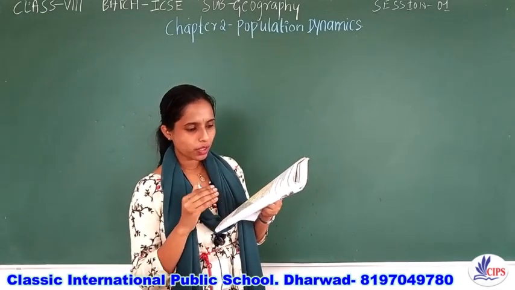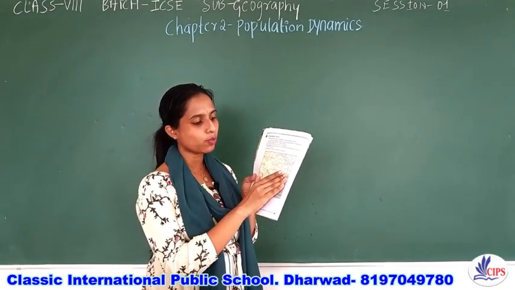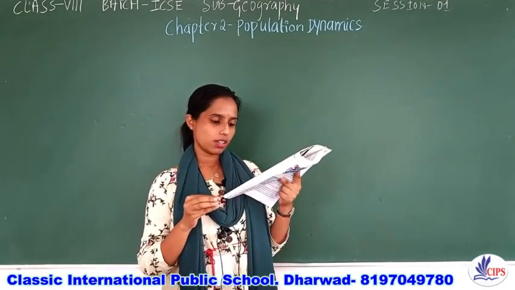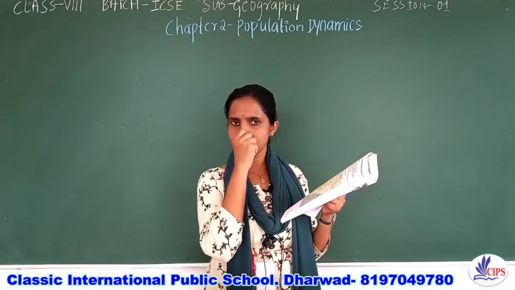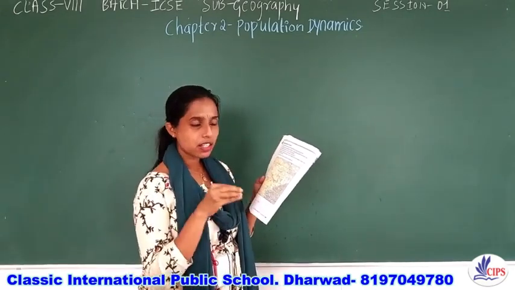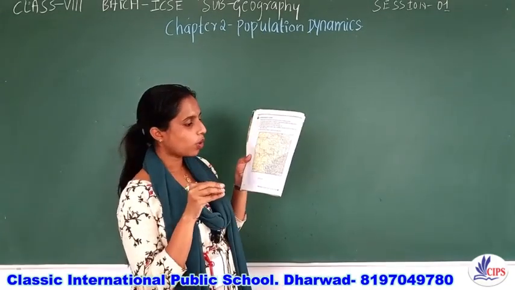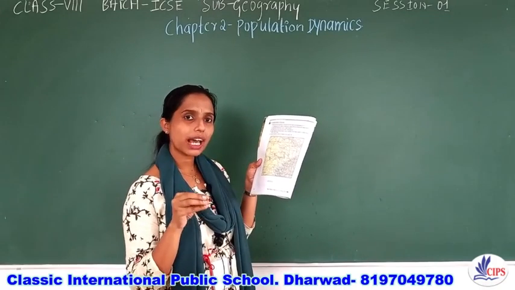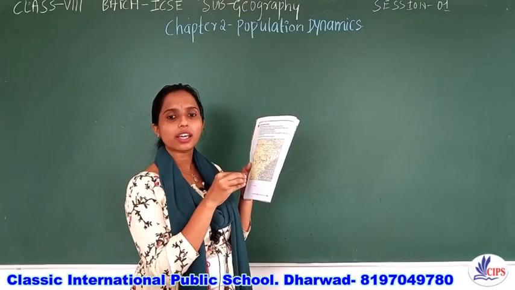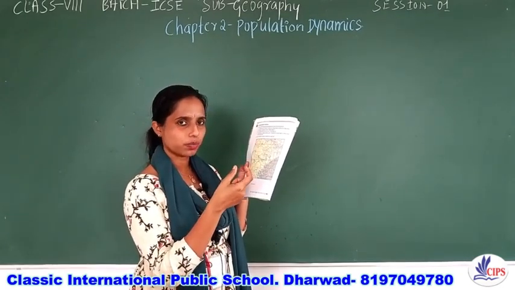Then come to the southeastern part, that is, come to the greenwash part. What does greenwash indicate? It indicates that it is a forested area. And in that, some contour lines have been given. Observe carefully. On that part, contour lines have been given. And what kind of contour lines are they? The contour lines are very close to each other.